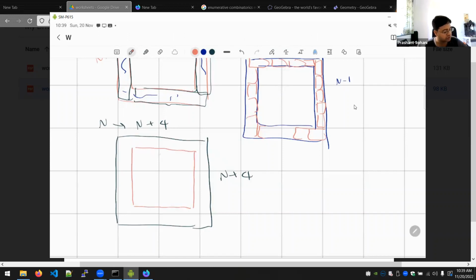Because this is of length n, there is a margin of 2 left in every direction, both horizontal and vertical. Now this outer ring has to be covered with the extra 4 tiles that we have.